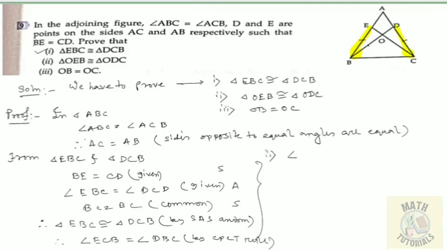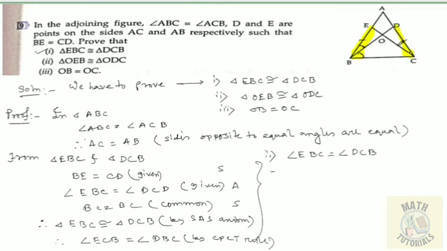Here it is given angle ABC, that is angle EBC, is equal to angle DCB. Now if we subtract angle DBC from angle EBC, then we get angle EBO. Similarly, if we subtract angle ECB from DCB, then we get angle DCO.